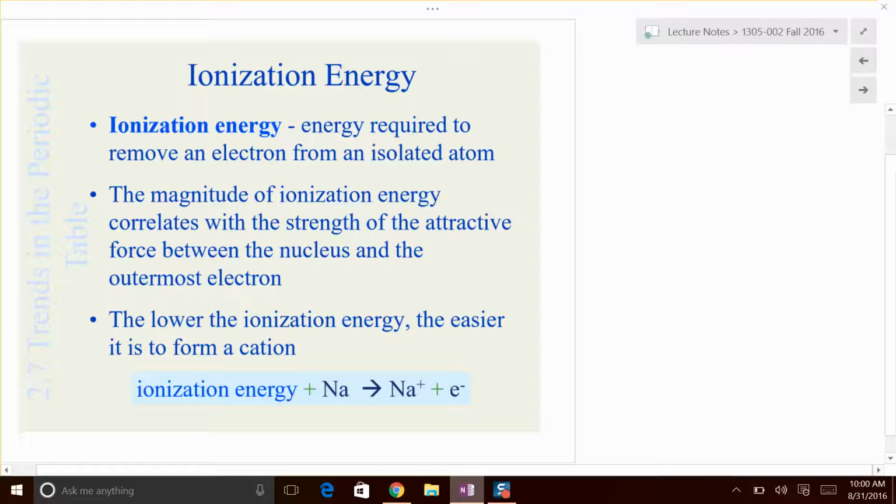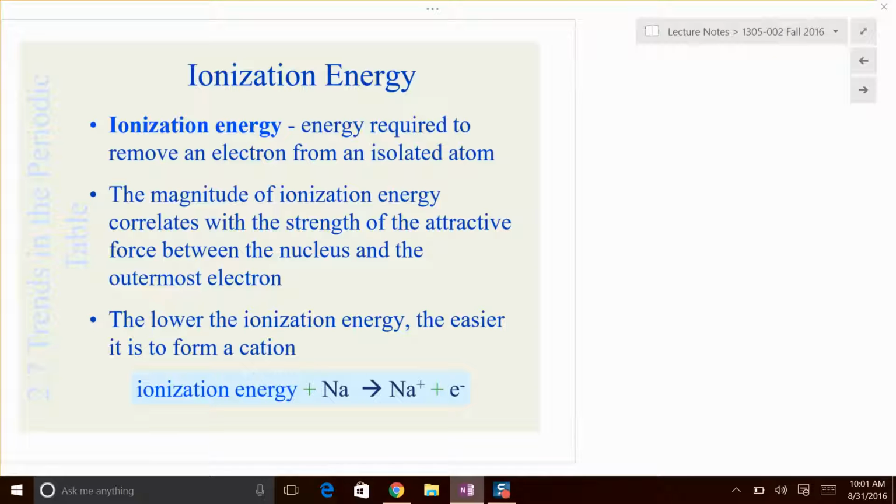The other 2 trends are going to follow the same pattern as atomic size. And they do that because it's the atomic size that's basically affecting this, okay? Or it's the characteristic of why your atom is such a size that affects the ionization energy.